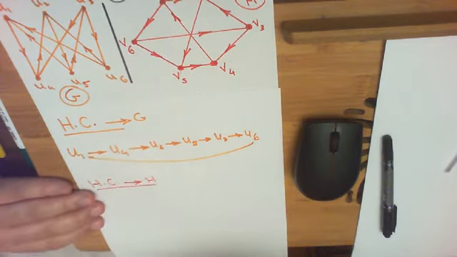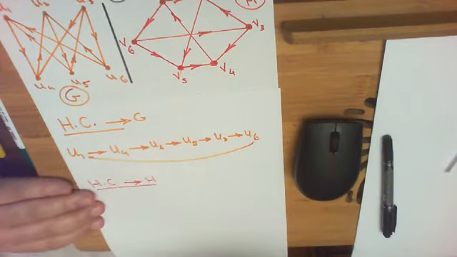From V1, you can go to either V2 or V6, as you like. Okay, I'll go to V2. Then from V2, I can go to V5 or V3.